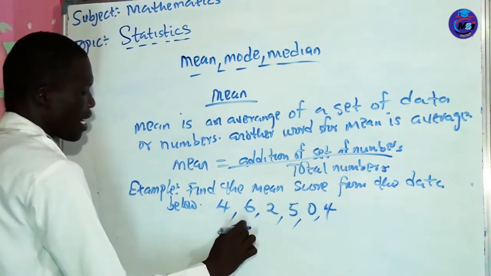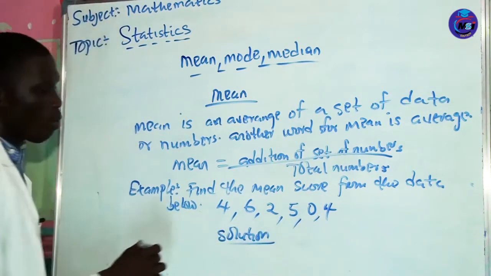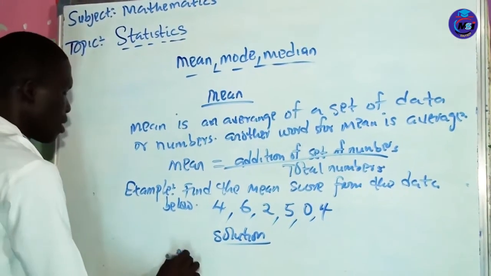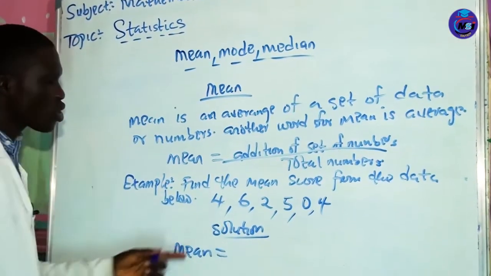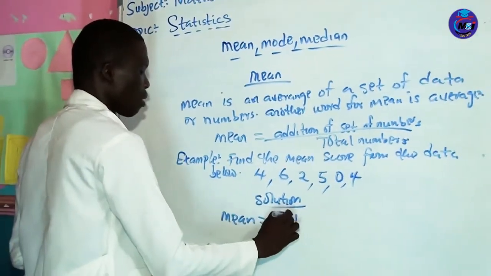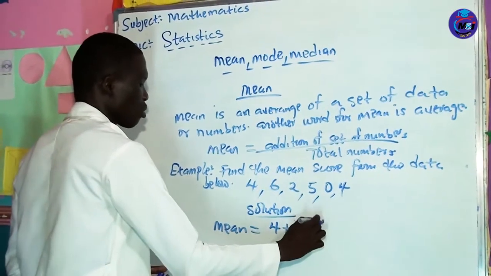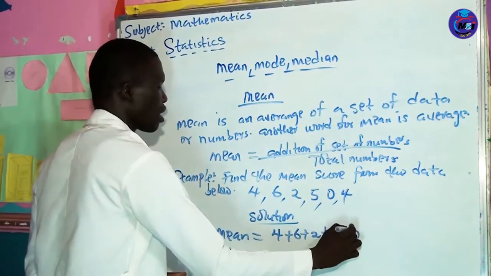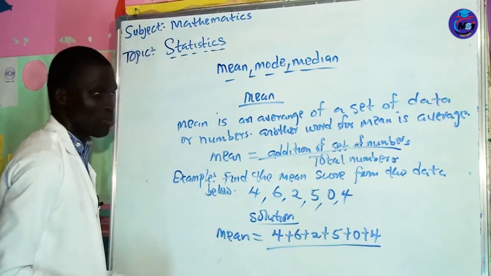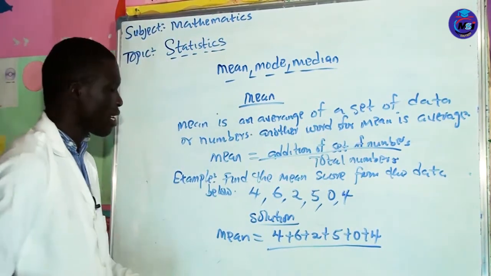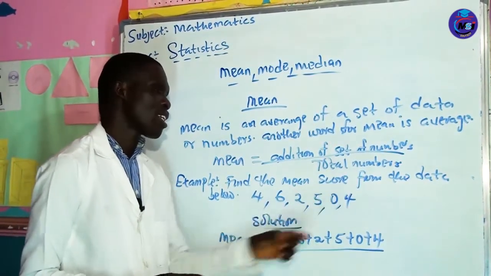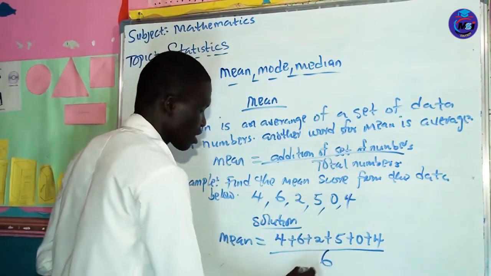Now, how can we find the mean score? What are we going to do? Mean will give you the addition of this set of numbers, which is 4 plus 6 plus 2 plus 5 plus 0 plus 4, divided by the total number. So what is the total number here? 1, 2, 3, 4, 5, 6. The total number is 6.